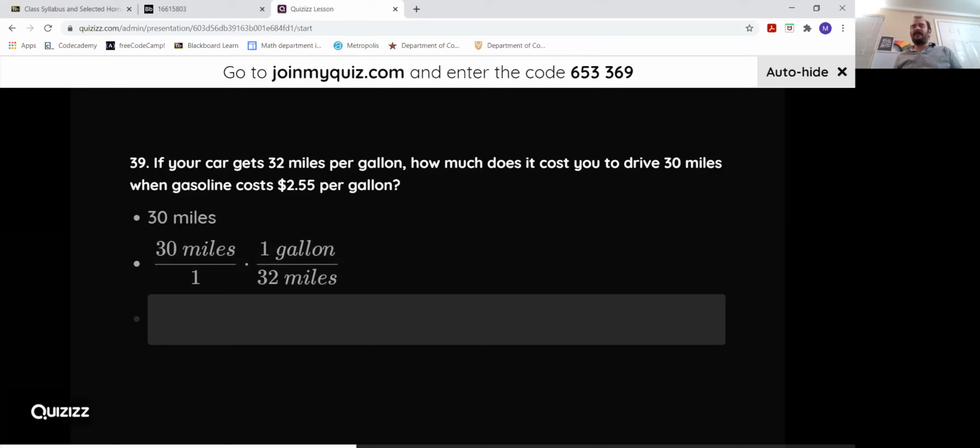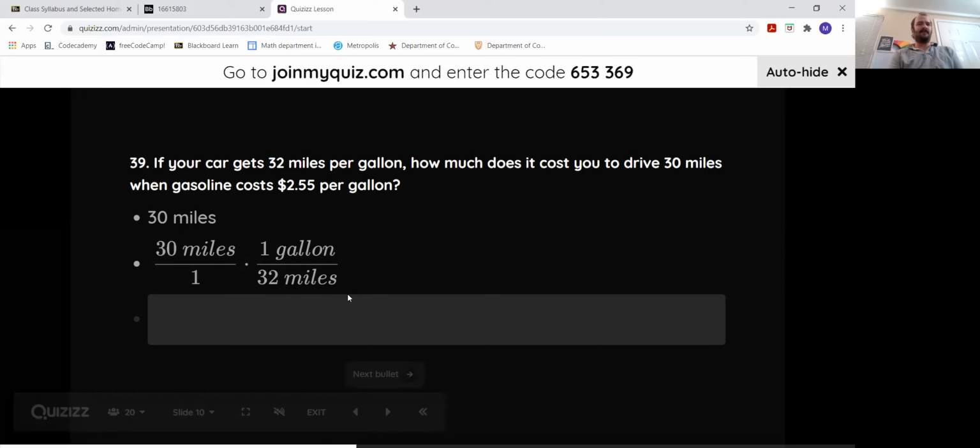And this is sort of like I was talking about. I want maybe this to be a fraction so that I have things in the numerator, things in the denominator, things on top, things on bottom. So you can always put things over 1. If I know I have 30 miles, I know I want to simplify out miles. The only thing else here that I see that has miles is this 32 miles per gallon. So if I want to know 32 miles per gallon, maybe you have a question of what order do I set this up in?